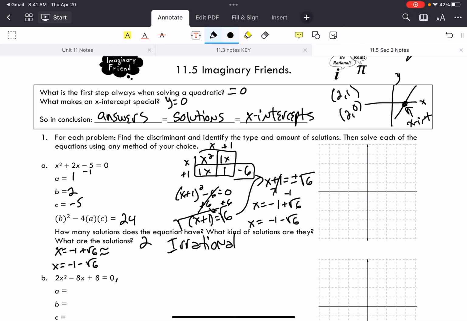So notice I got 1.45. And then I'll do the other one, which is about -3.45.